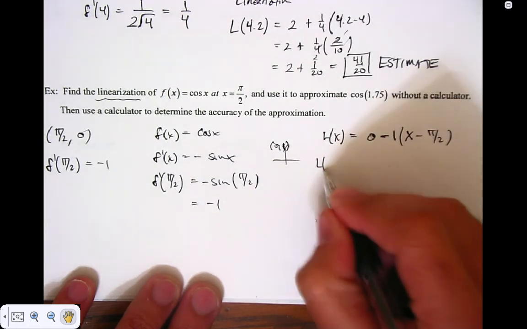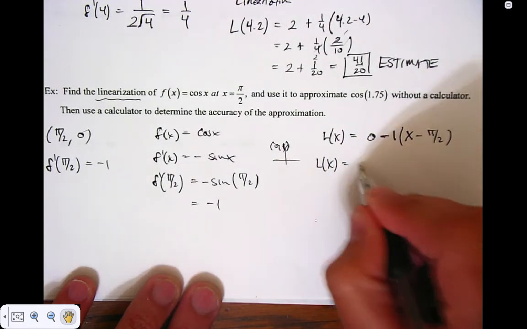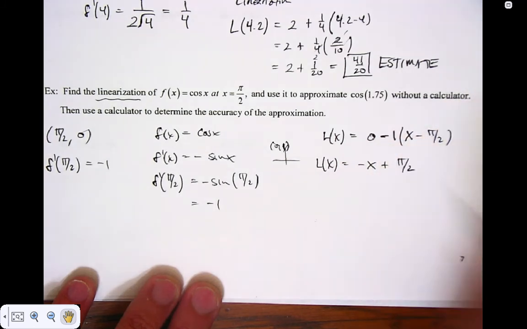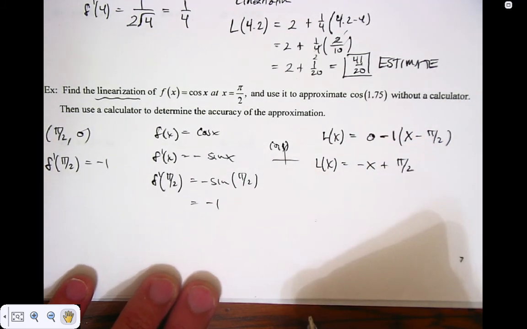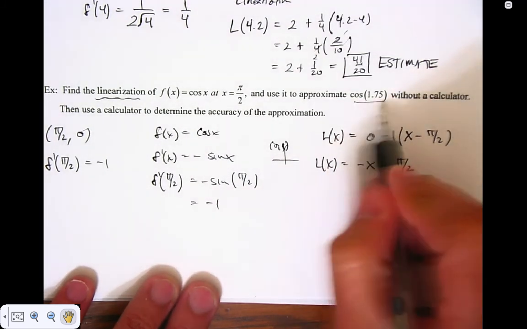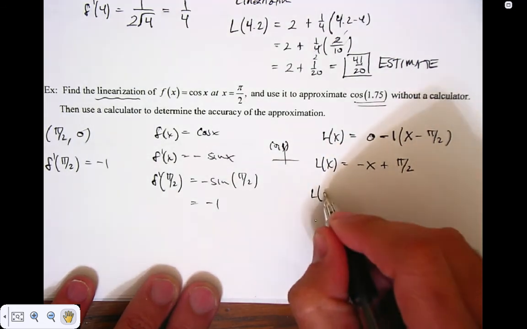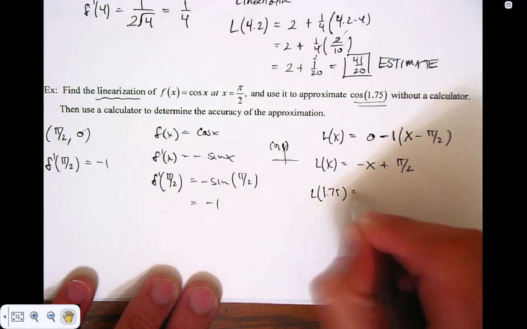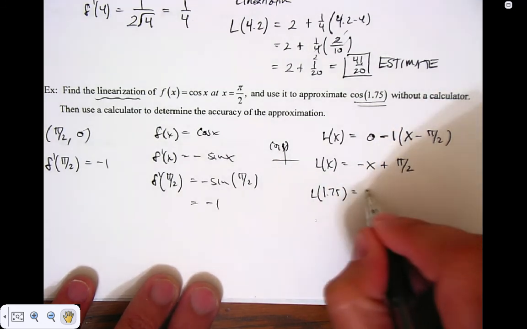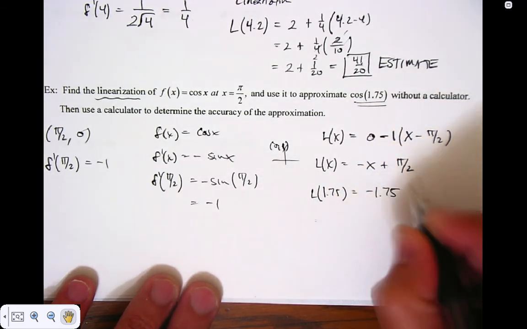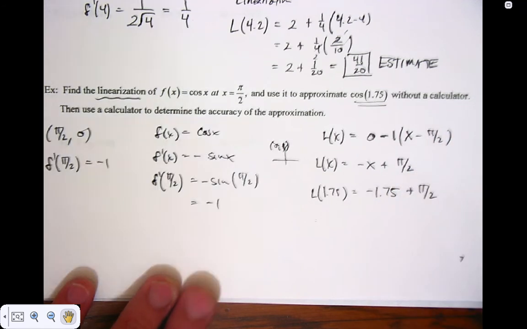Okay, so we can clean that up, and it's just negative x plus pi over 2. Okay. All right, so they want to estimate cosine of 1.75. And so I would say, well, the linearization model at 1.75 is equal to negative 1.75 plus pi over 2.